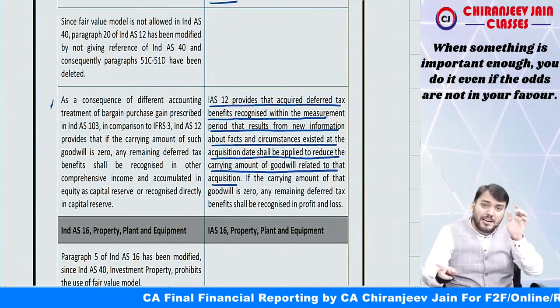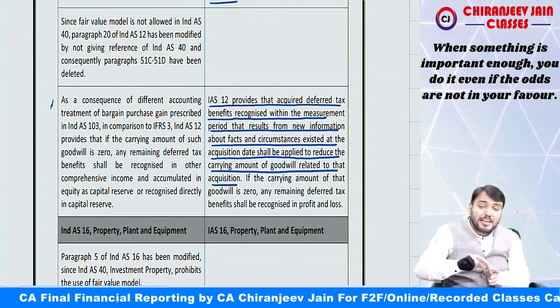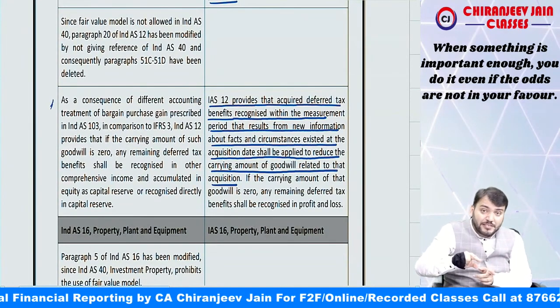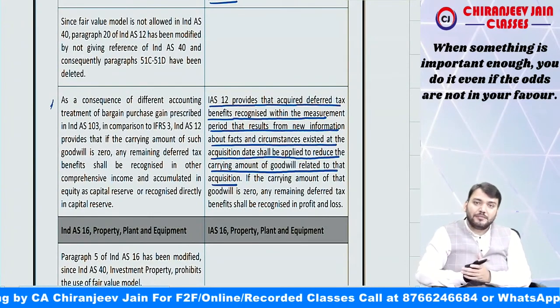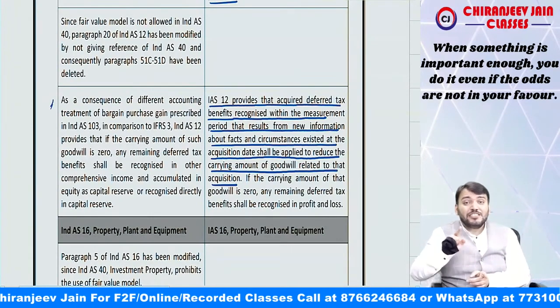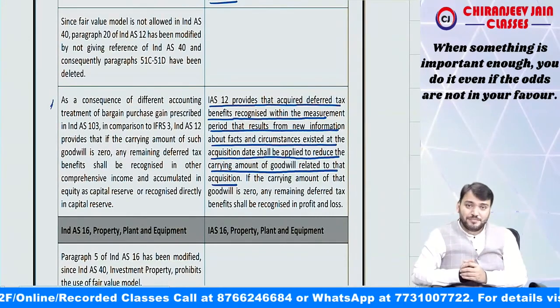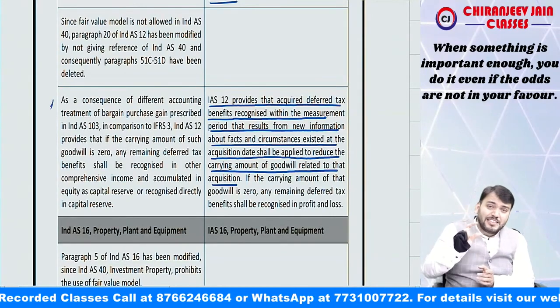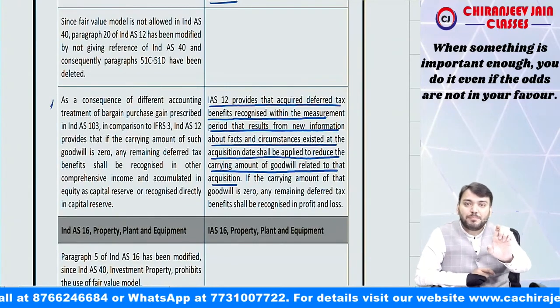As per Ind AS 12, deferred tax asset or deferred tax liability needs to be created on initial recognition of assets and liability in case of business combination, and the DTA and DTL will be adjusted with goodwill or gain on bargain purchase if any.